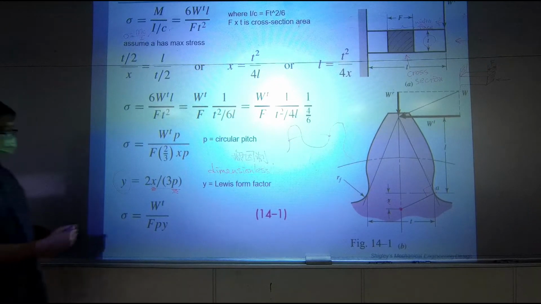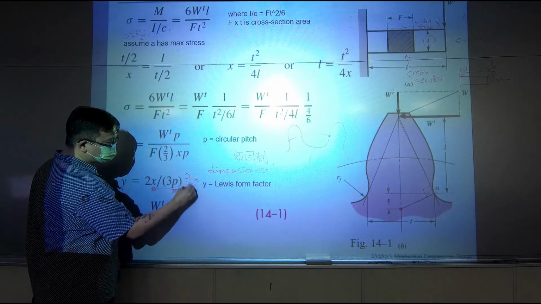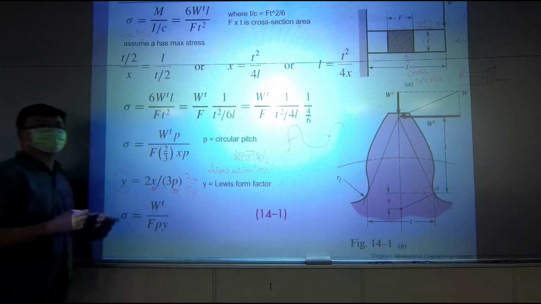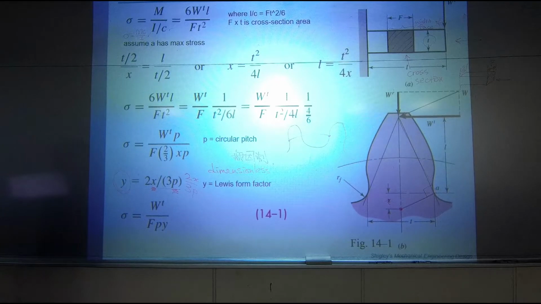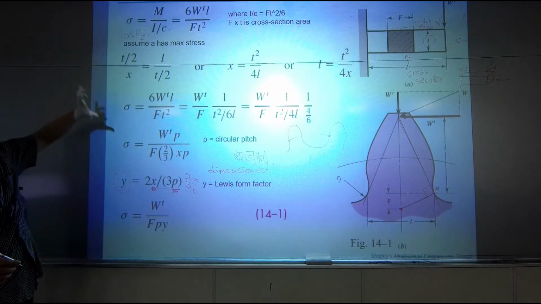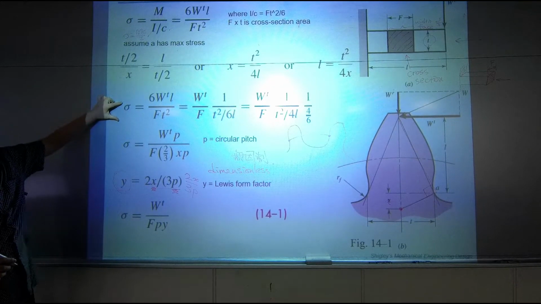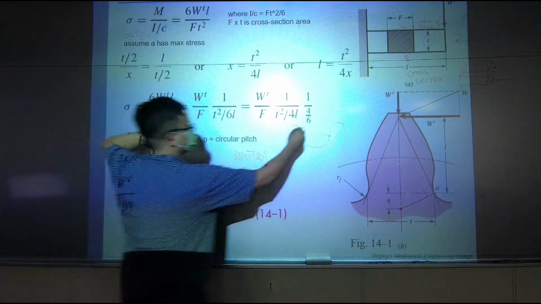And how come he used 2x over 3p? The main reason is because when he derived the stress, there are terms of 2 and 3 inside the equation, like over here.